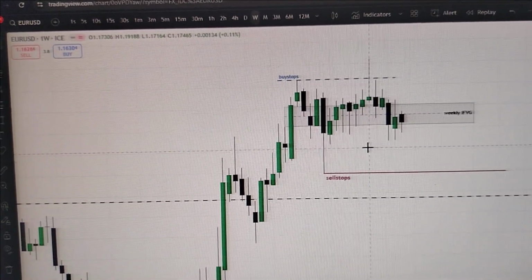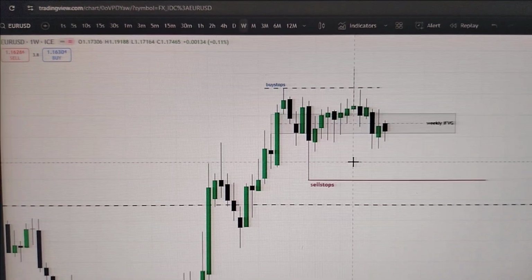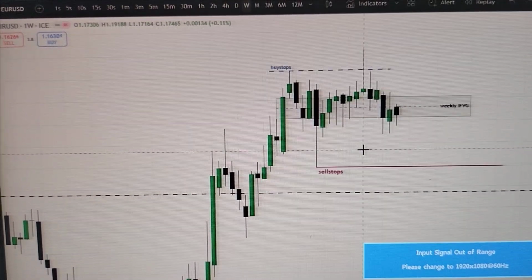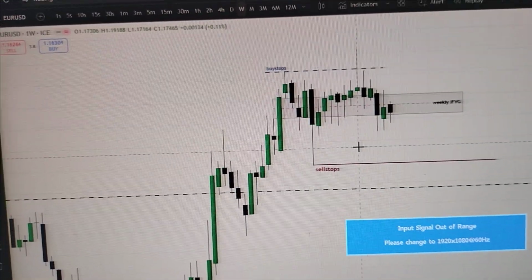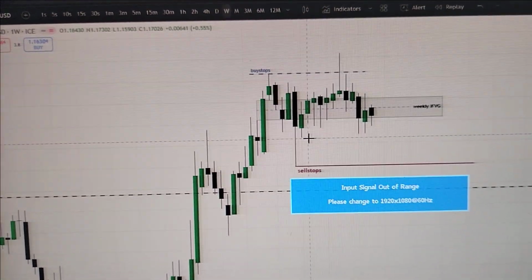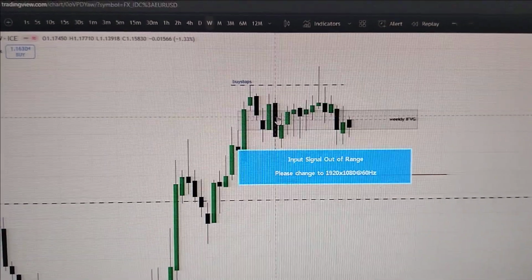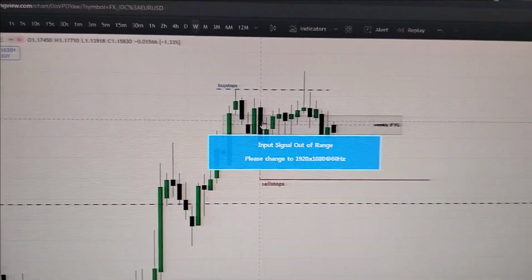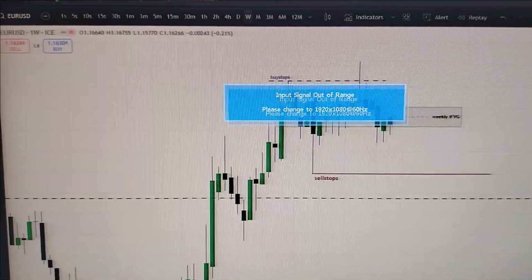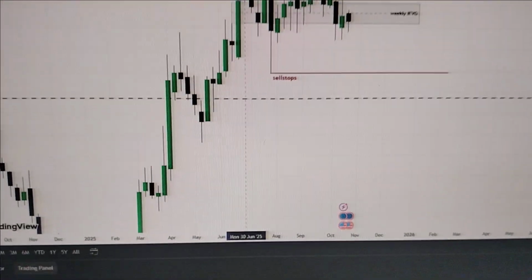We can use some of the smallest illustrations so that you can get a model that can fit most of us, and that is the use of fair value gaps and PD arrays like sweep of liquidities, breaker blocks, order blocks.